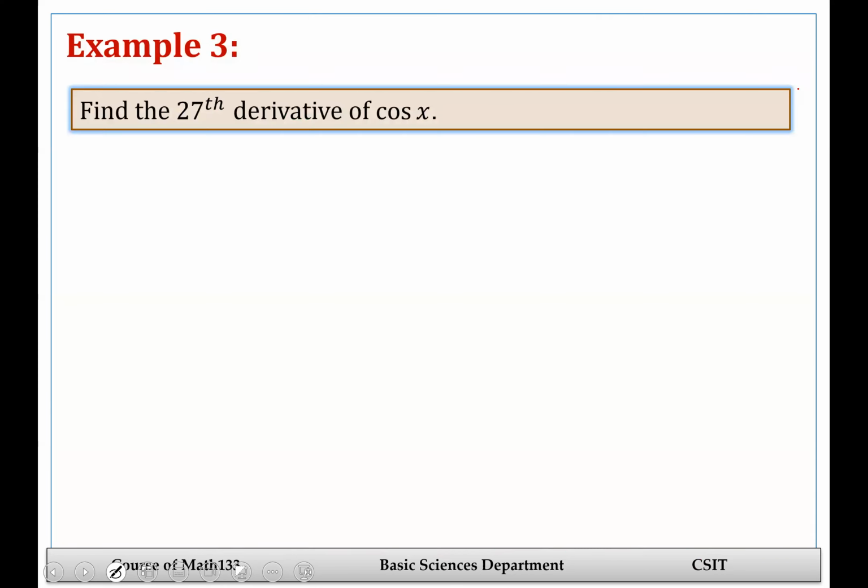Okay, now we want to find the 27th derivative of cosine x. When we have to compute a higher derivative, first thing is to make the first derivative. So we know that cosine x prime is equal to minus sine x.